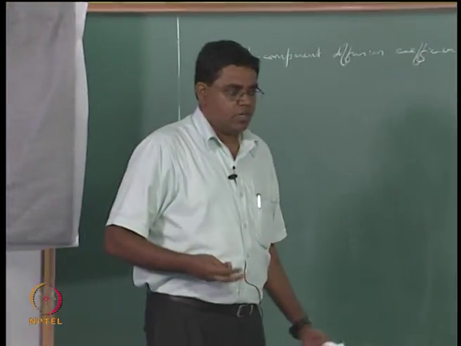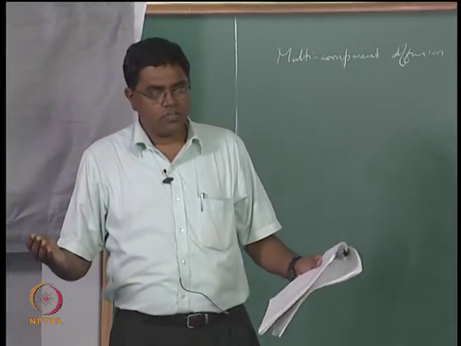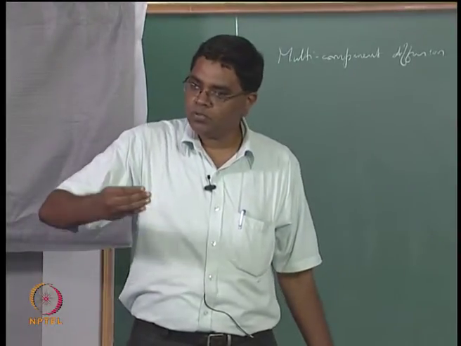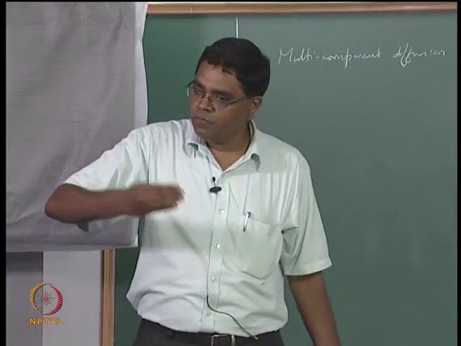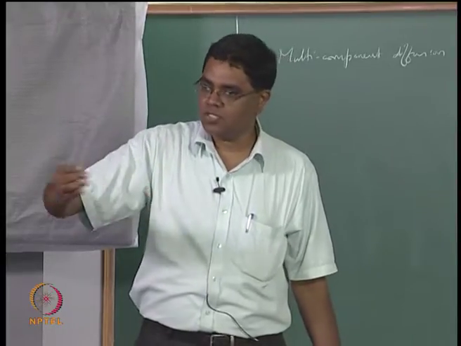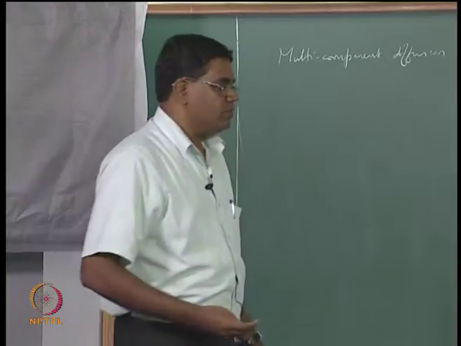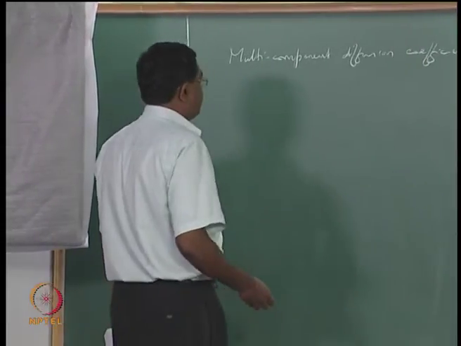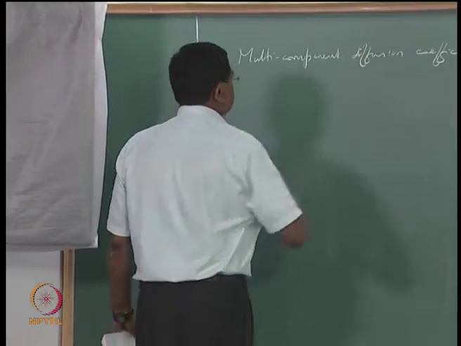But many times when you are looking at let us say tens or hundreds of species, then we have to worry about binary diffusion coefficients of each of the species with each other species, right. So that becomes a little bit more complicated, and it is not quite amenable to further simplification.